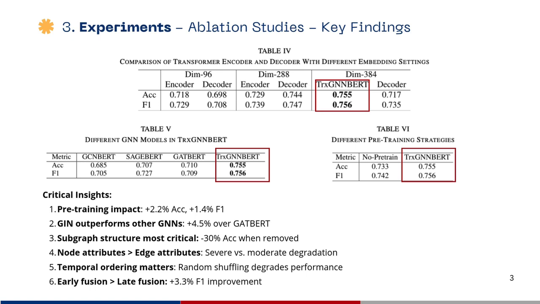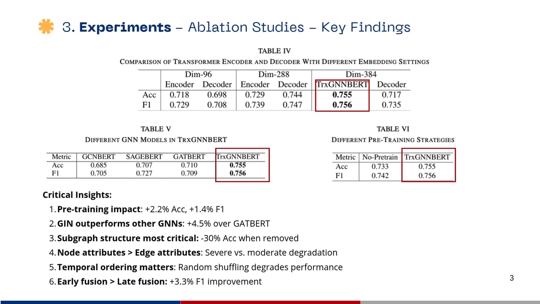When they remove it, accuracy drops by almost 30%, which shows that local graph context is the most important component in this system architecture. Fourth, node attributes are more important than edge attributes. Removing node attributes causes severe performance degradation, while removing edge attributes causes a moderate decline.